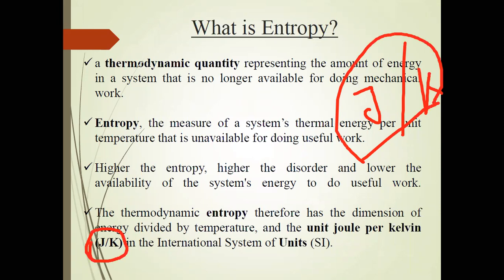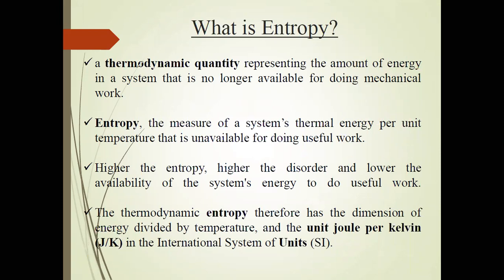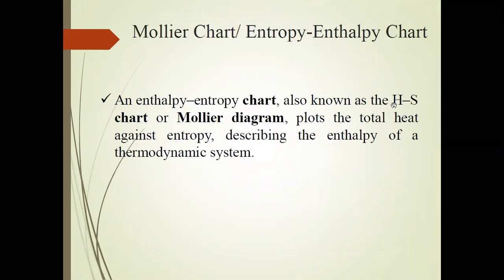We discuss entropy a little more because of this chart. This chart is based on two parameters: one is entropy, the other is enthalpy. So the Mollier chart or Mollier diagram is also known as the enthalpy entropy chart.